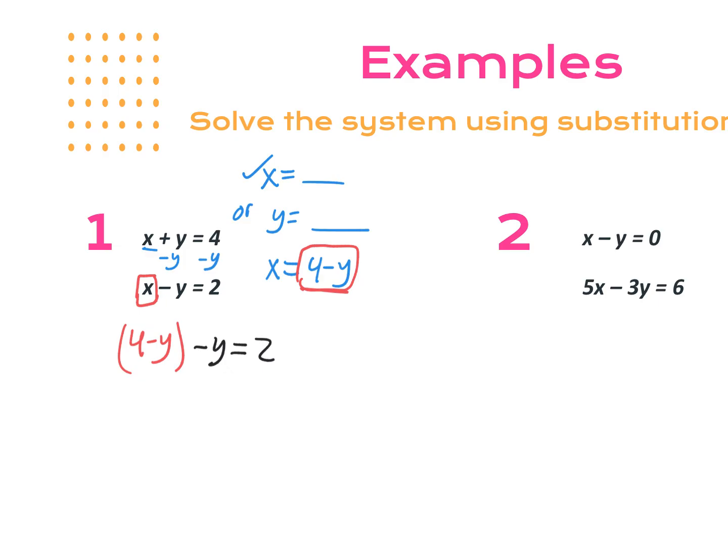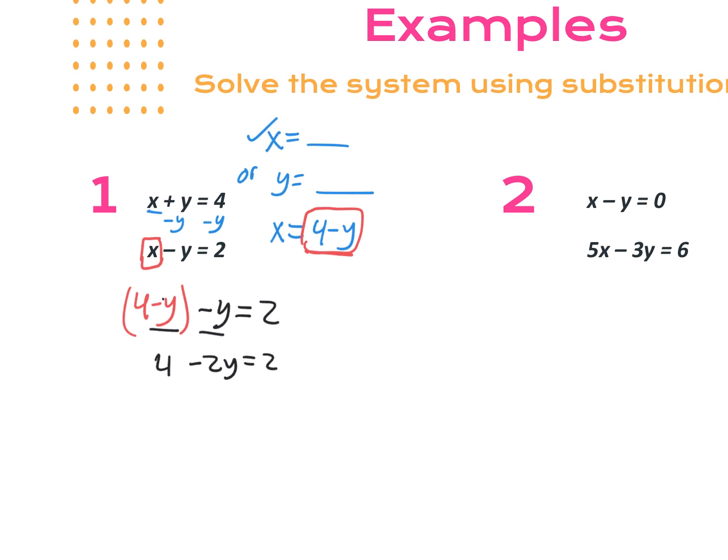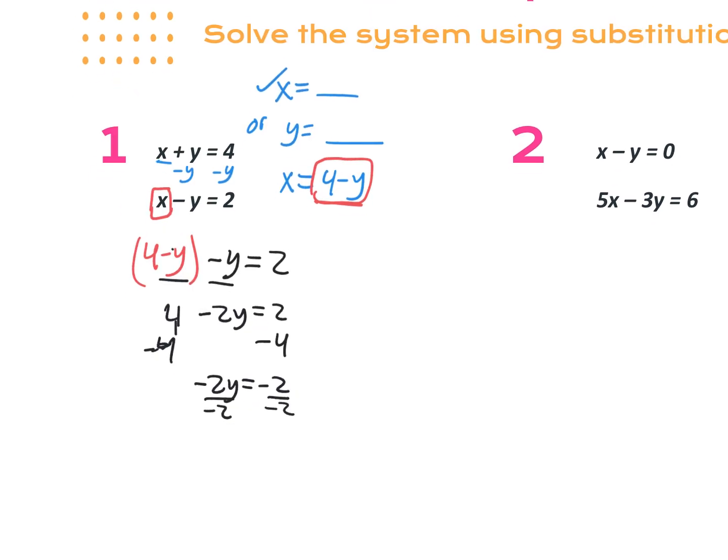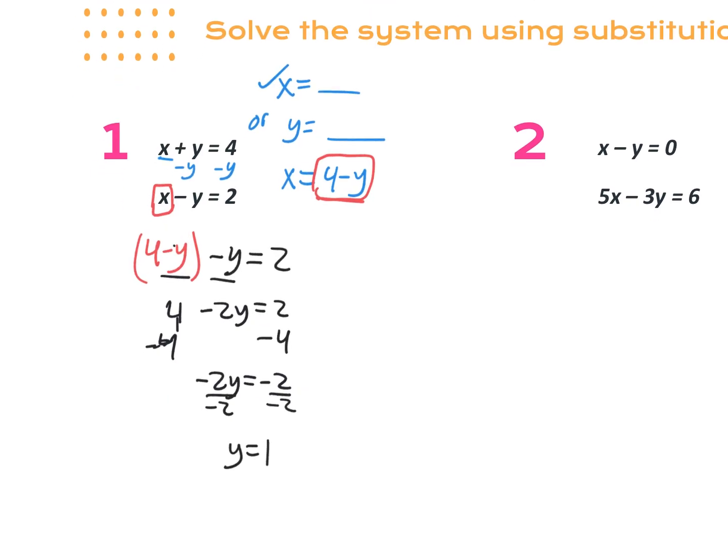Minus y and minus y is going to get you a negative 2y. So I get 4 minus 2y equals 2. I can subtract 4 from both sides, and so I get negative 2y equals negative 2. Then divide both sides by negative 2, and so I get y equals 1.